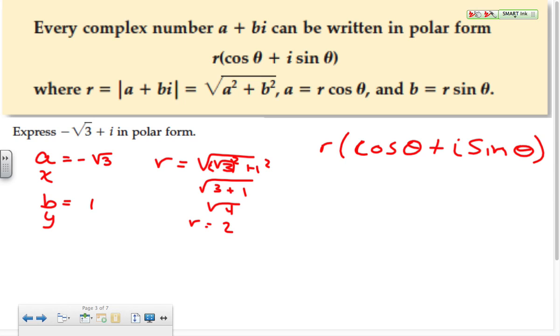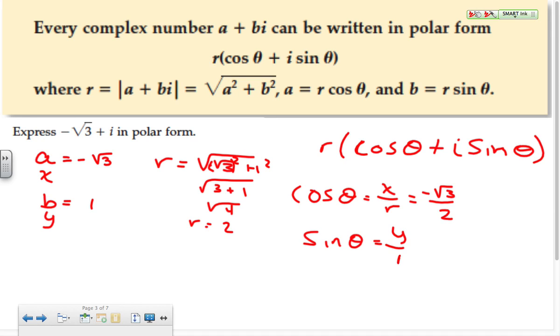The cosine of theta, you remember, is x over r. So in this case, it's the square root of 3 over 2. And the sine of theta is y over r, which is 1 over 2.